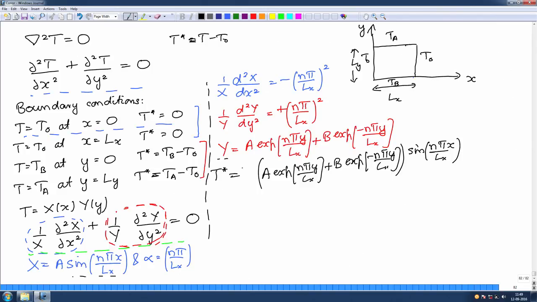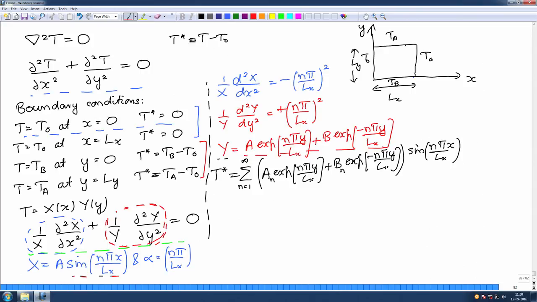So, the most general solution is the summation n is equal to 1 to infinity of (A n plus B n) times this product, because the product of the y as well as the x terms satisfies the equation for any value of n. So, you can sum up the series from n is equal to 1 to infinity.